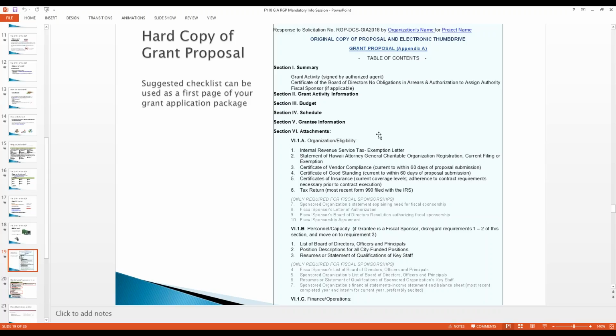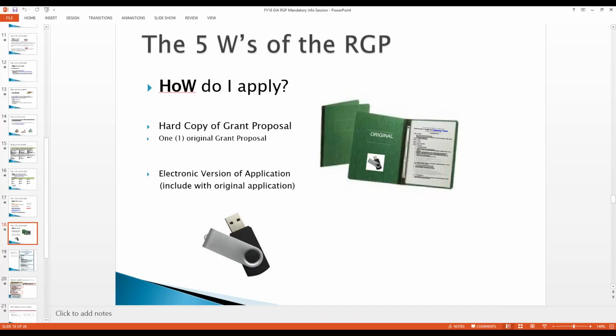It also serves as a table of contents and checklist for you to make sure you do attach all the required documentation. So again, each section here should be tabbed and labeled. And you're welcome to use this as the very first page of your grant application. And here I have a picture of this table of contents page, the very first page.